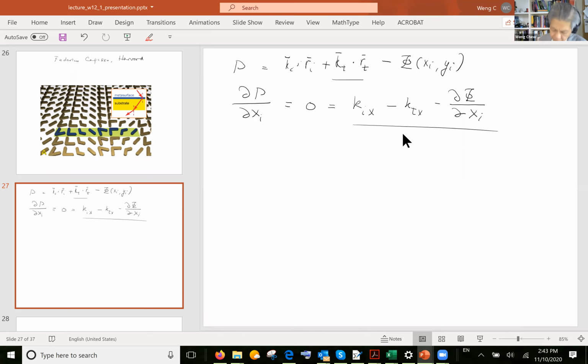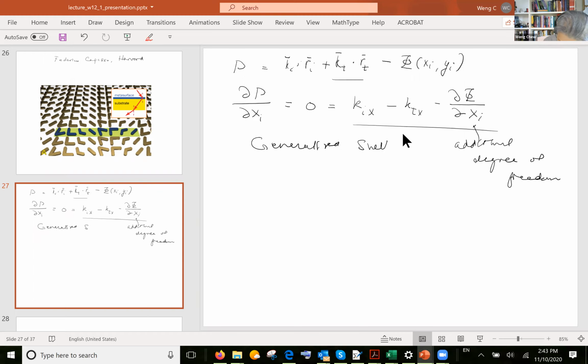So you have an additional degree of freedom, and this is called generalized Neal's law. Neal's law does not have this term, but Capasso brought that in.